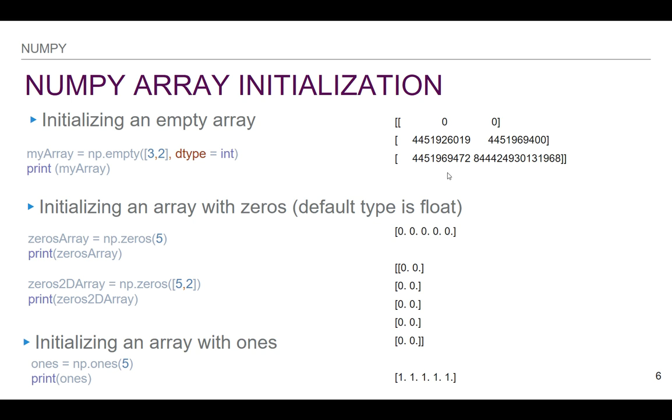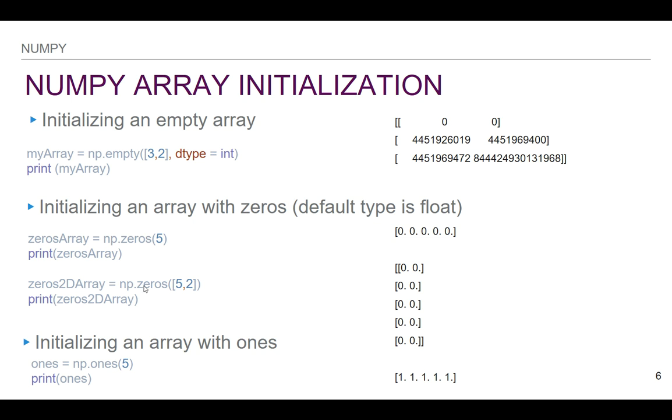Sometimes it's useful to be able to give an initial value to an array like zeros and ones, because these things are used in linear algebra operations. So if you don't specify how you want to initialize it, it's going to have rubbish or arbitrary values.